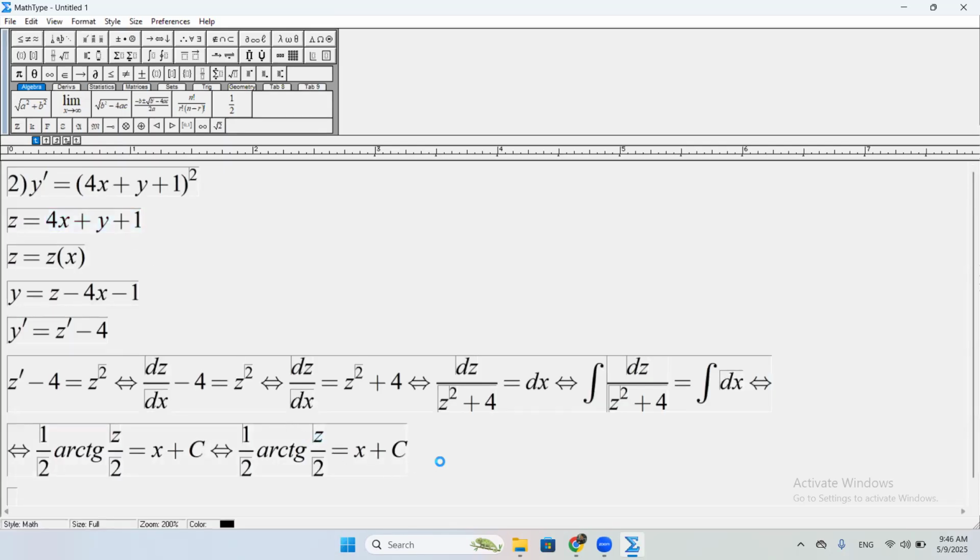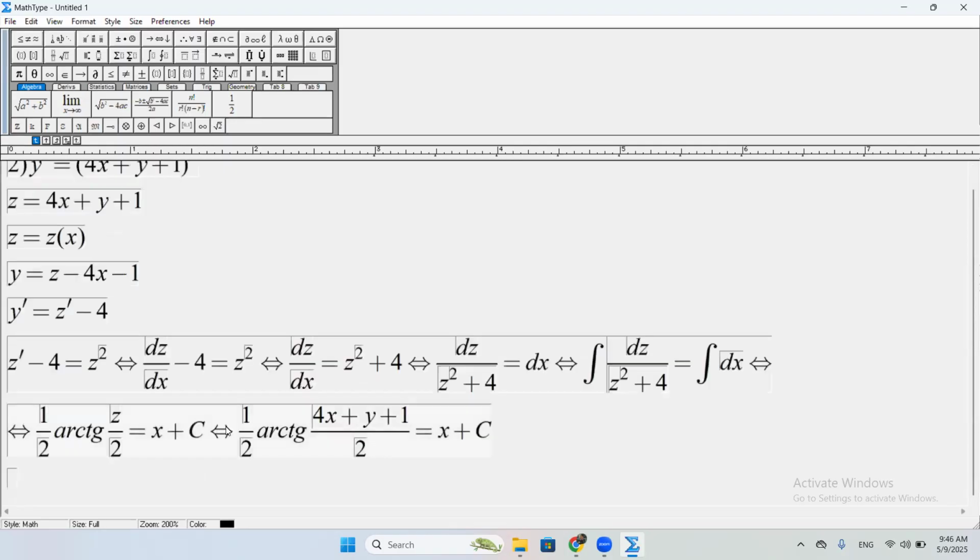Now we have the chance to receive the solution explicitly. So arctangent of this expression equals 2x plus c.